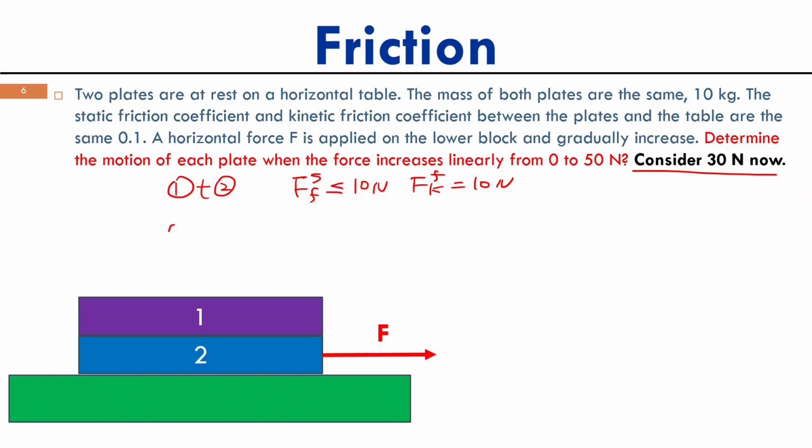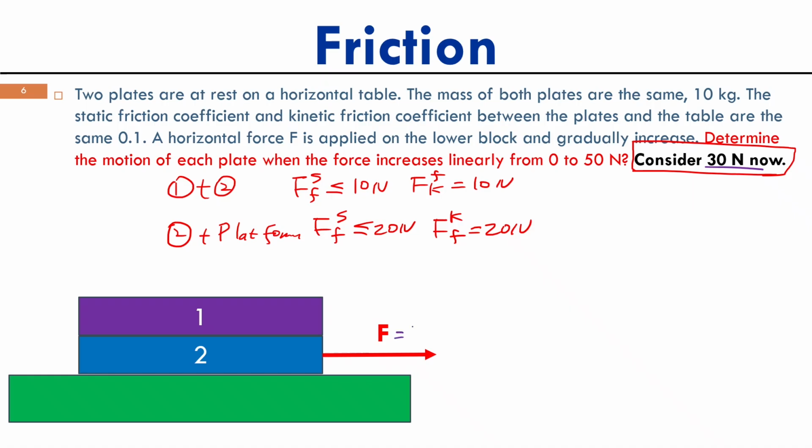And between 2 and the platform, the maximum static friction force is 20 Newton, and the kinetic friction force is also 20 Newton. So what will happen if the applied force is 30 Newton?